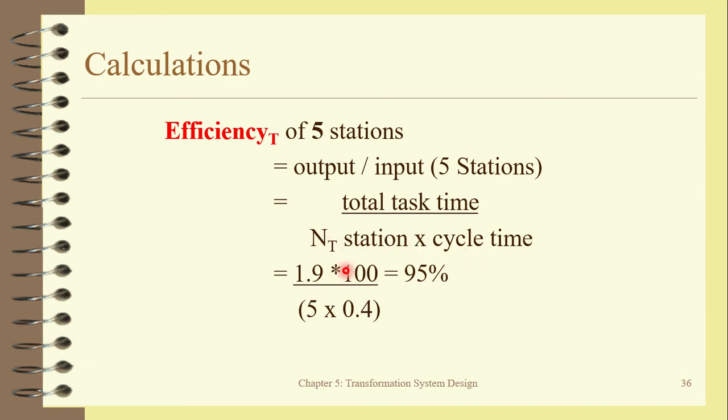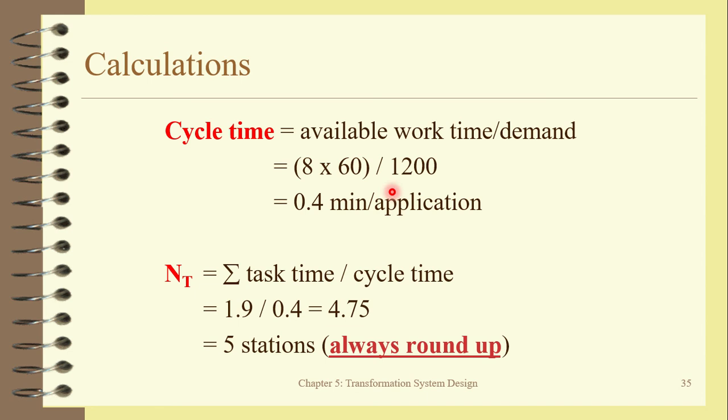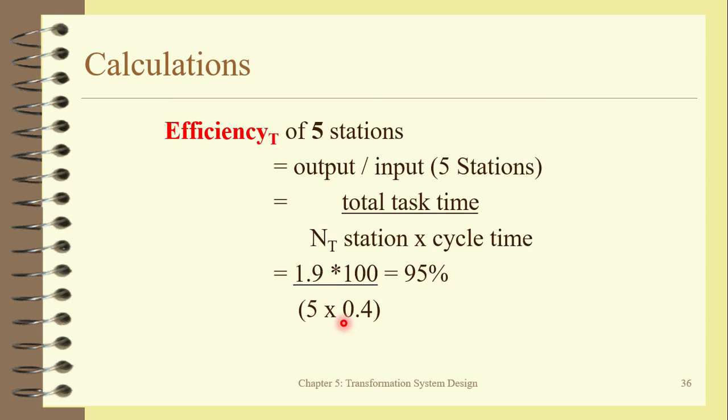You got total task time of 1.9 multiplied by 100 because you need to convert into percent, and the number of theoretical workstations, which is 5, and the cycle time, which is 0.4 from your first calculation here. And then you got the theoretical efficiency of 95% here.